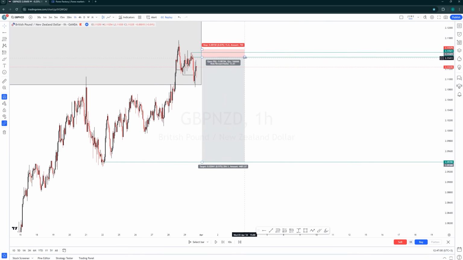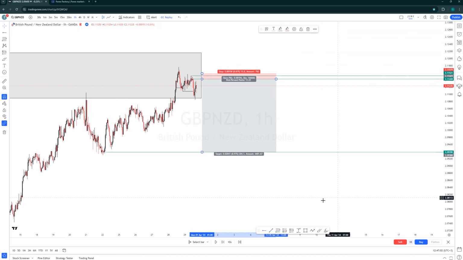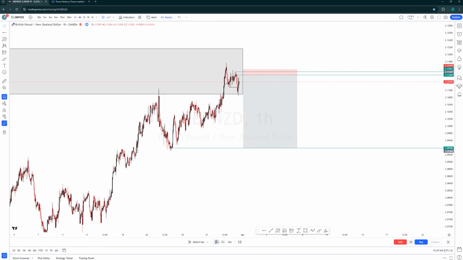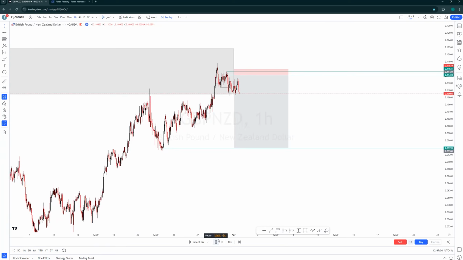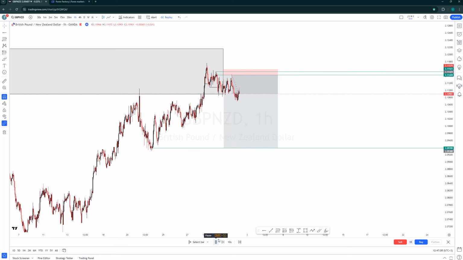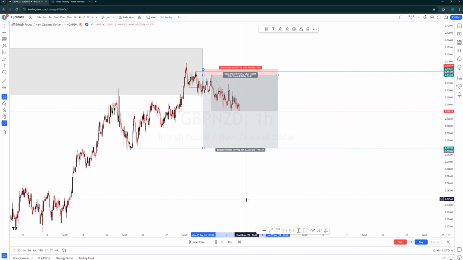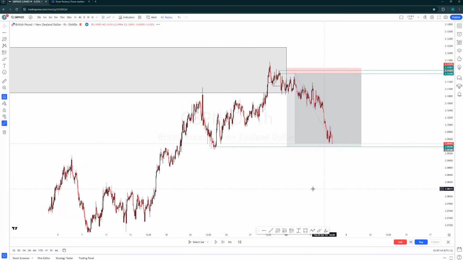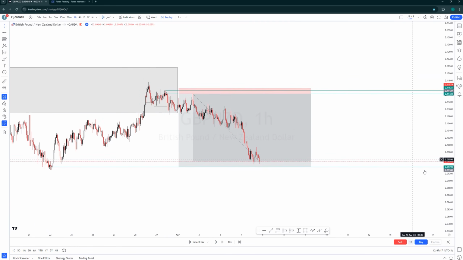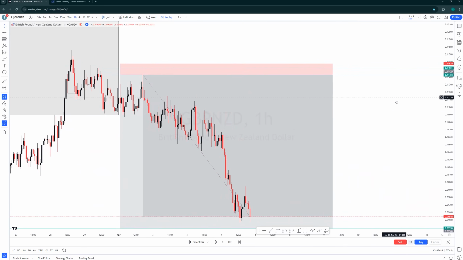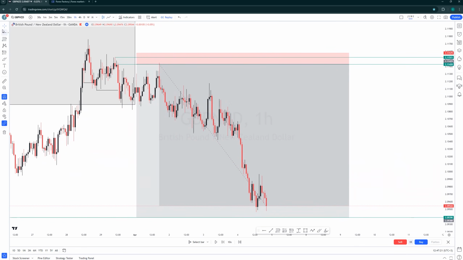So let's see how the market reacted. You can see the market came and then took that entry. And for those who want another entry, you can take this entry here after this break of market structure.